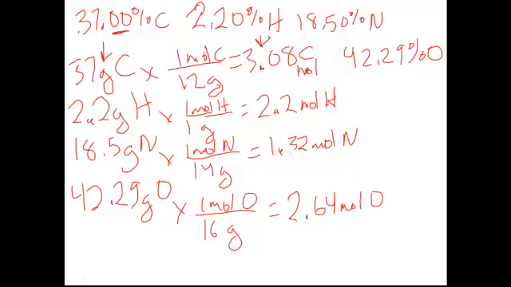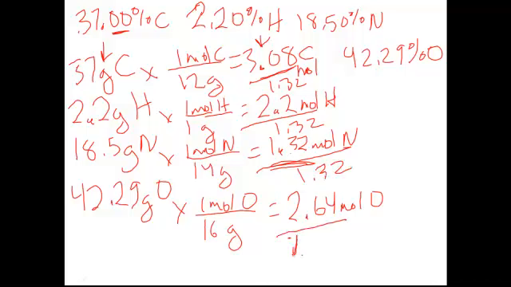What's my smallest number out of these 4? Obviously it's 1.32. So again, I'm going to divide everything here by 1.32. 3.08 divided by 1.32 equals 2.33. 2.2 divided by 1.32 equals 1.67.